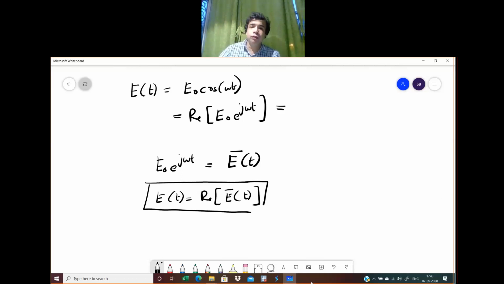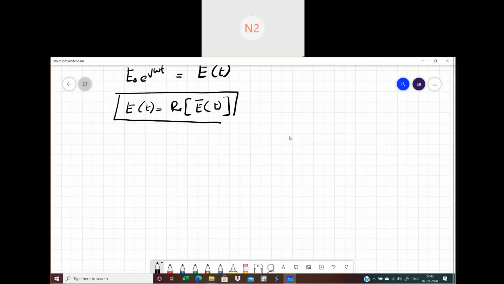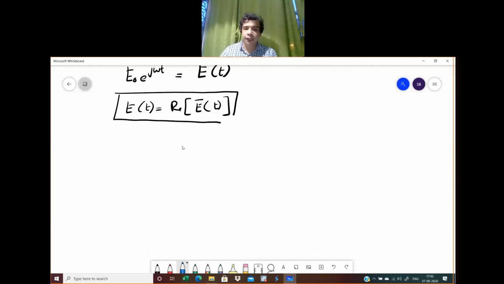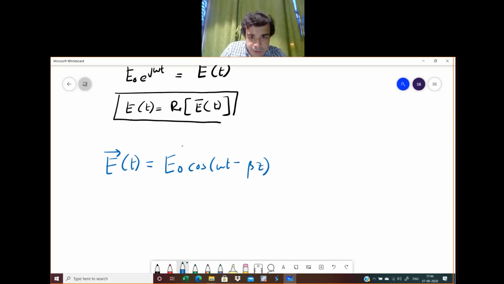Now, what will happen to the waveforms which we will see in this course? Like E(z,t), that is E naught cos of omega t minus beta z, say along x. So what happens to that?